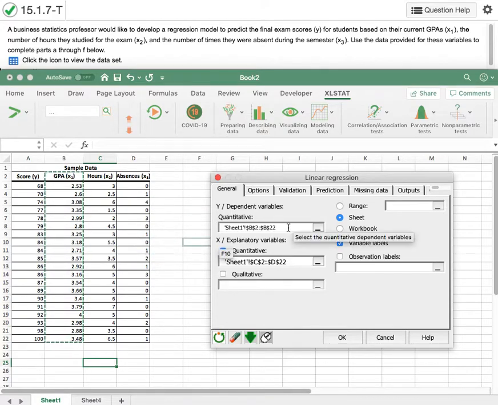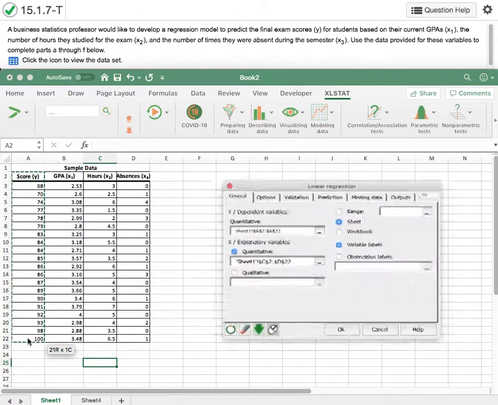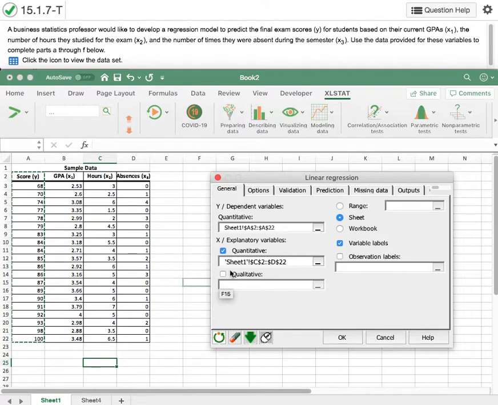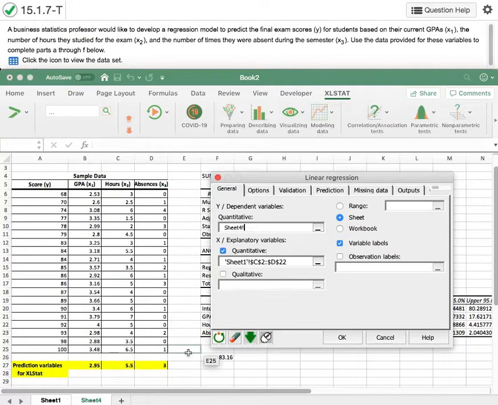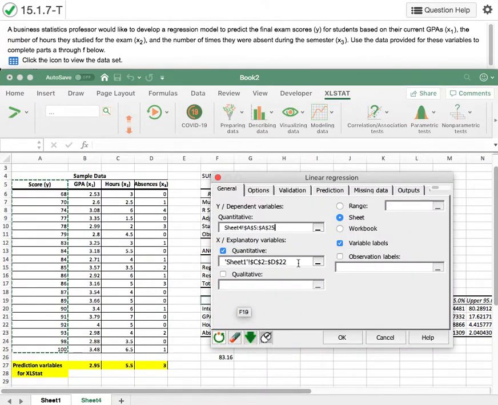And once again, we just need to plug in our details here, the y variable. Should flip back to the other sheet there. Exam score.